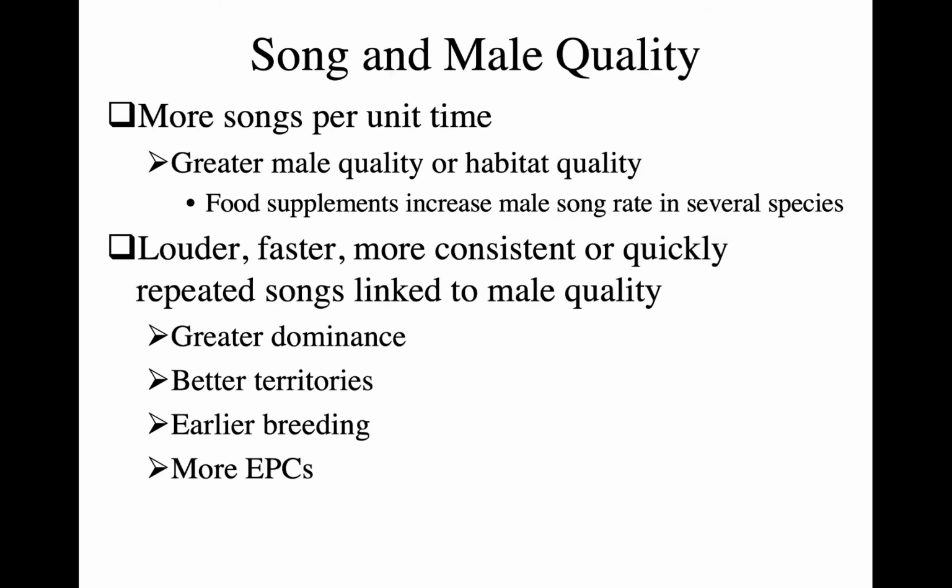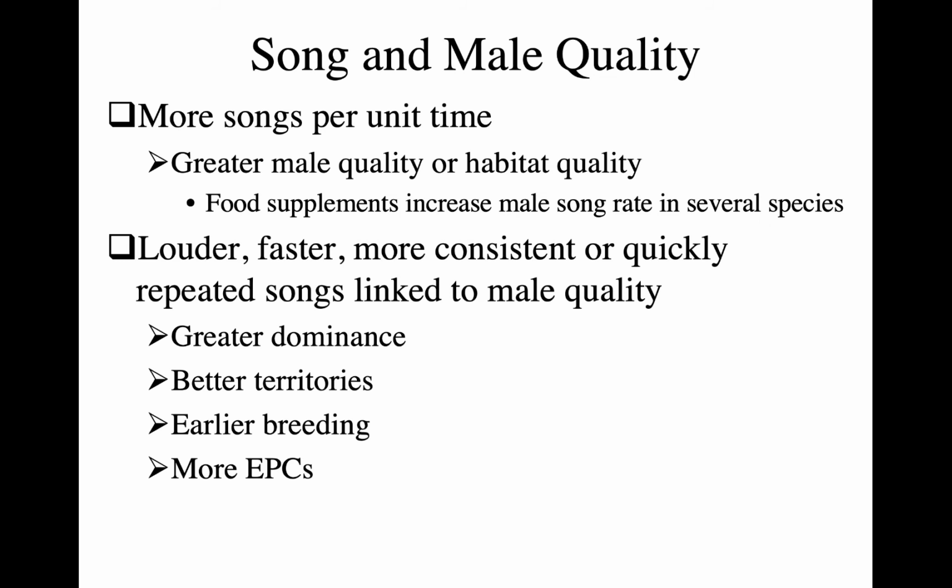So again, what are some of the indications of a quality individual in a song? So again, the more songs per minute is a good indication of your health, because it is energetically costly to produce these vocalizations, and studies have shown that there is a tight correlation between greater male quality as indicated by song and their habitat quality.